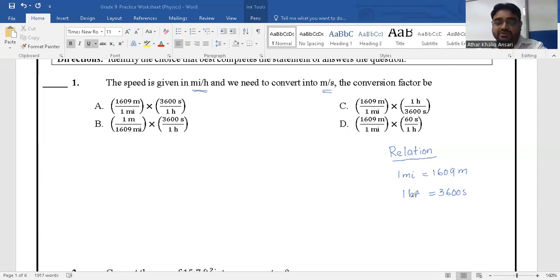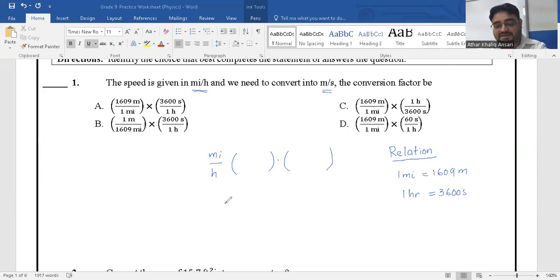Now we have two conversions, miles to meters and hours to seconds. The given value is miles over hours, so I will multiply by the first conversion factor to convert miles into meters, and then the second conversion factor from hours to seconds.